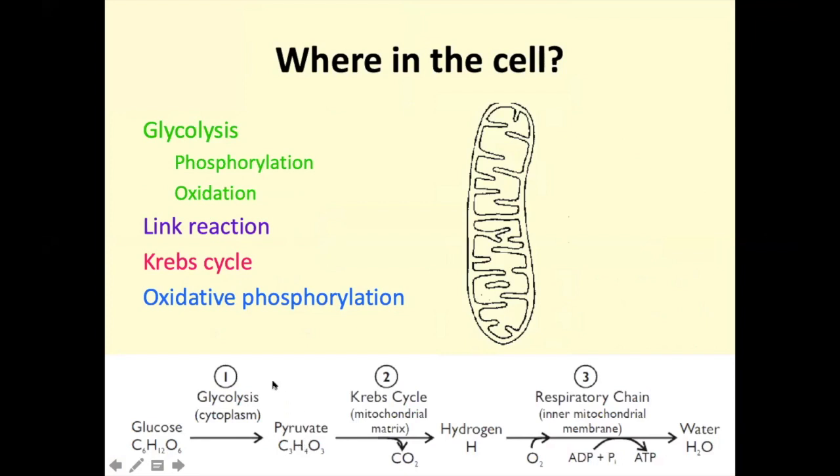Where does that occur? That's in the cytoplasm, folks, of the cell, not the mitochondria. The Krebs cycle will occur in the matrix, and you'll see we've started to get CO2 given off. And then the respiratory chain in the membrane there. I've missed out the link reaction, but that's also in the matrix, folks.